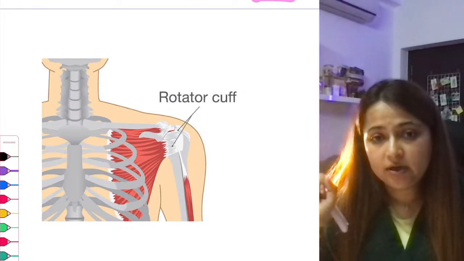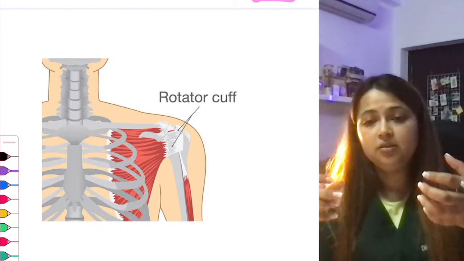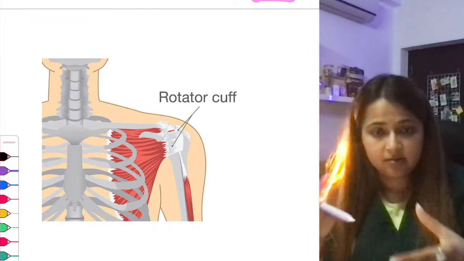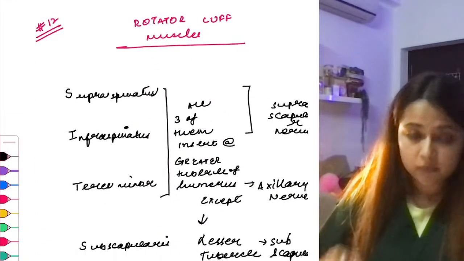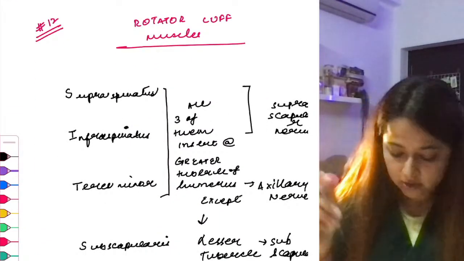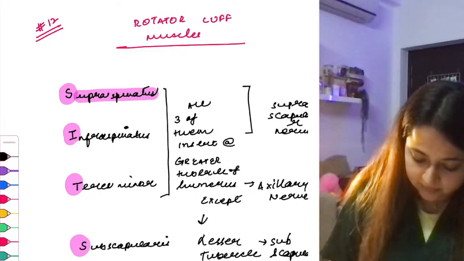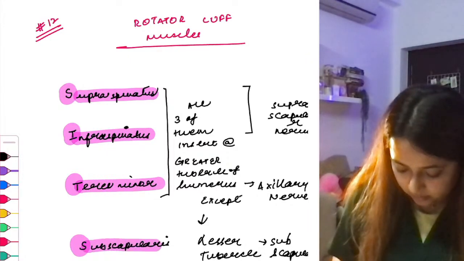Now, talking about the rotator cuff, which muscles form the rotator cuff? So, rotator cuff means a cuff-like structure that is being formed by different muscles. So, the mnemonic is SITS. Okay, so we have supraspinatus, infraspinatus, teres minor, and subscapularis.